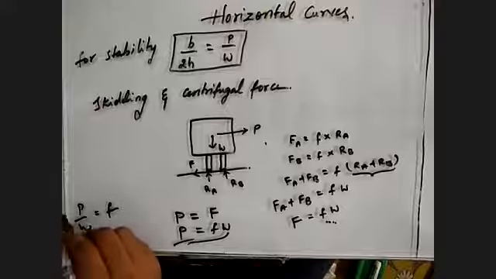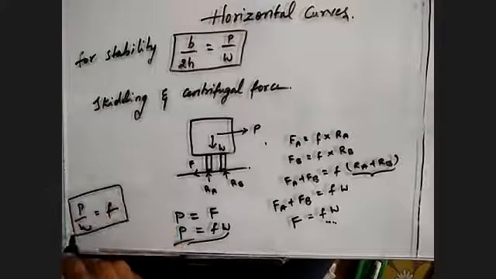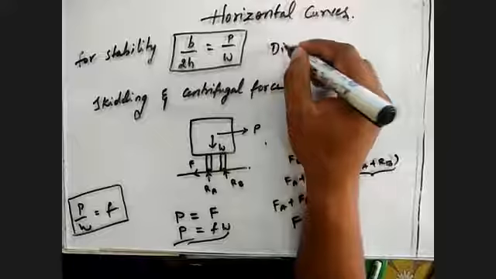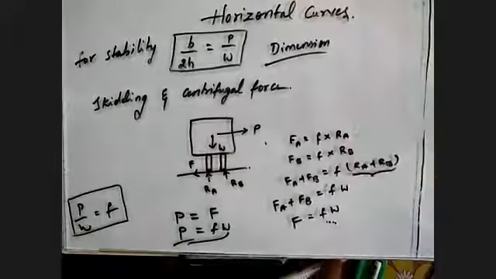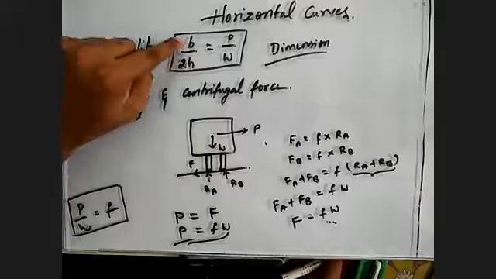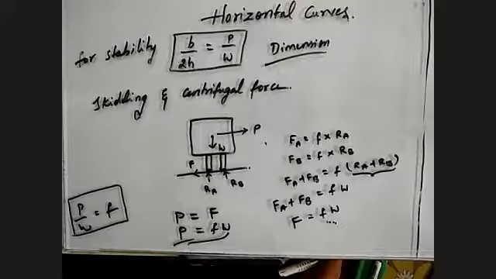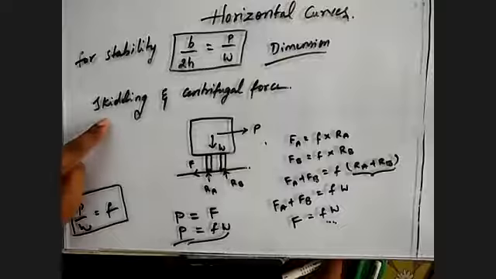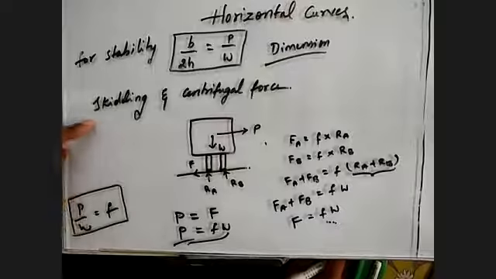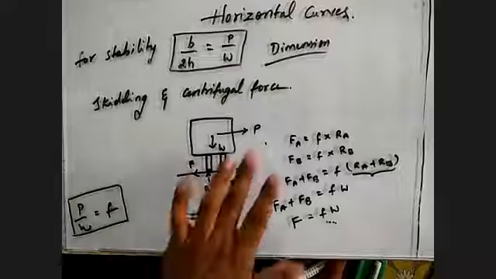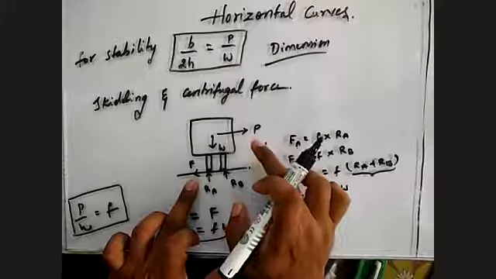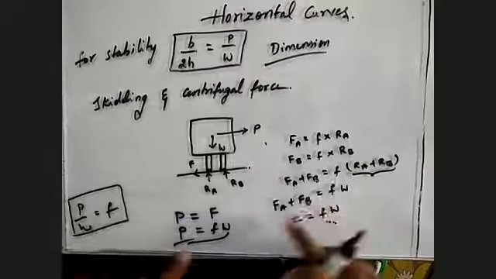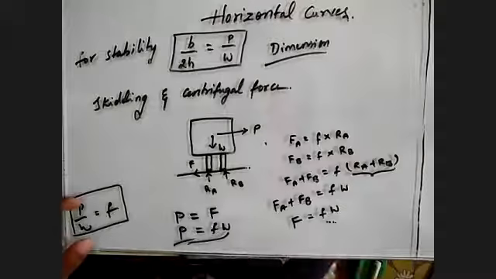You're understanding? So what I mean to say is, in case one, with respect to the dimensions, in order to have the body at stability, our centrifugal ratio should be equal to B by 2H of the vehicle, concept number 1. And to avoid skidding, our frictional force is going to counteract this centrifugal force, and when we equate all those things, we get that the centrifugal ratio will be equal to friction.